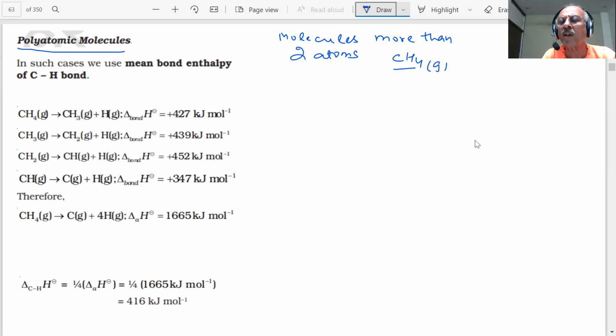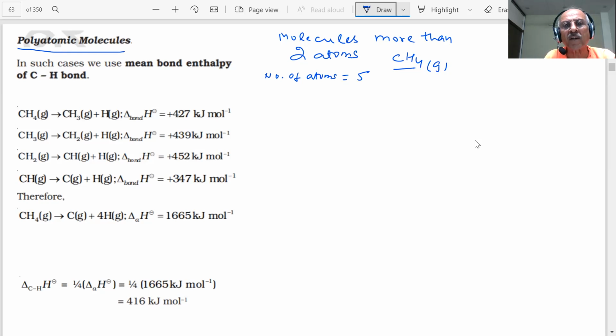How many atoms are present in CH4? There are five atoms: 4 plus 1, 5 atoms.